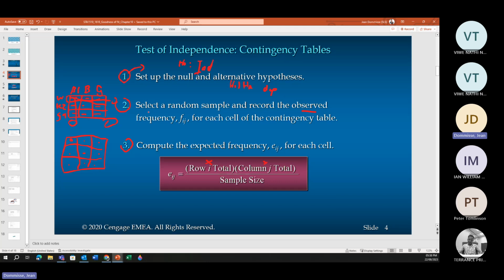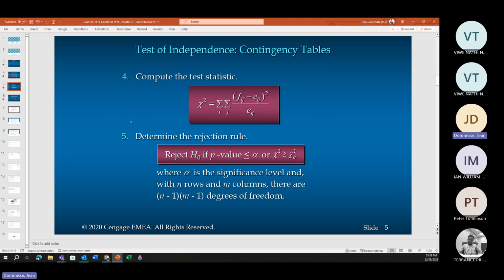Then the fourth step is to say that one needs to compute the t-stat. Again, if you look at this calculation, it is a lot of work.